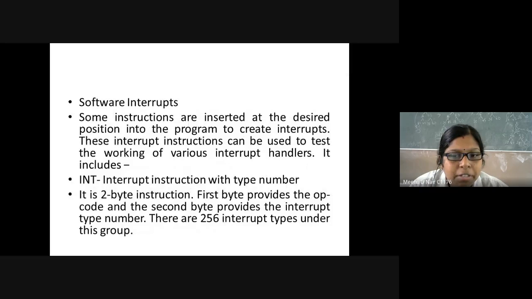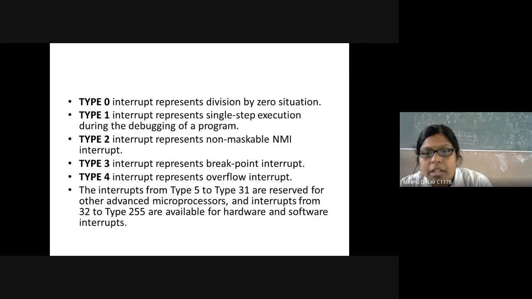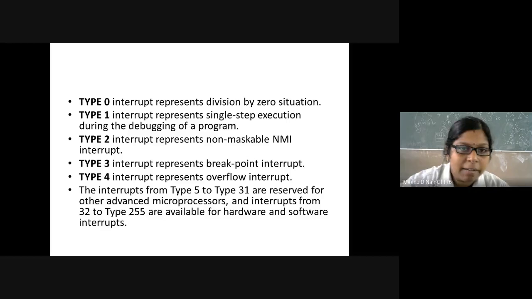Next one is the software interrupt. We have seen that there are 256 interrupt types under this group. Types 0, 1, 2, 3, 4 have some specified purpose.